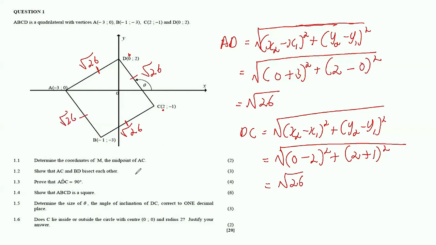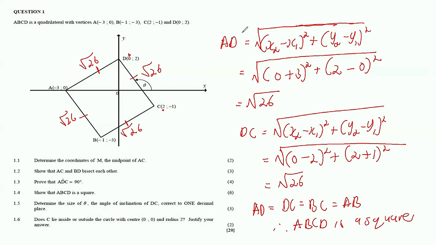So this proves without any shade of doubt that we have a rectangle, right? For the mere fact that all these lines here are equal, so your AD is equal to DC, which is equal to BC, which is equal to AB. So this proves that ABCD is a square. ABCD is a square, right? And then, okay.